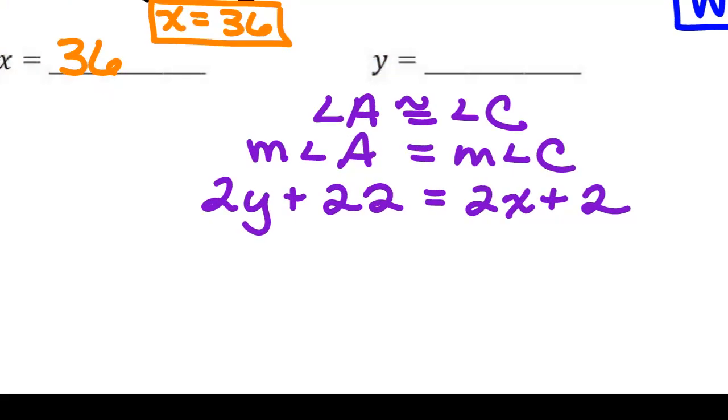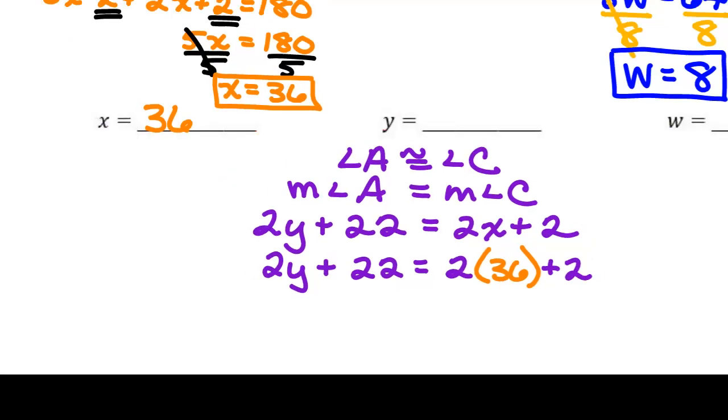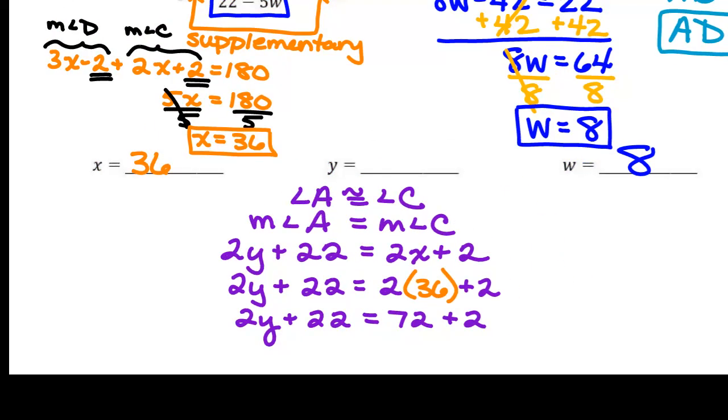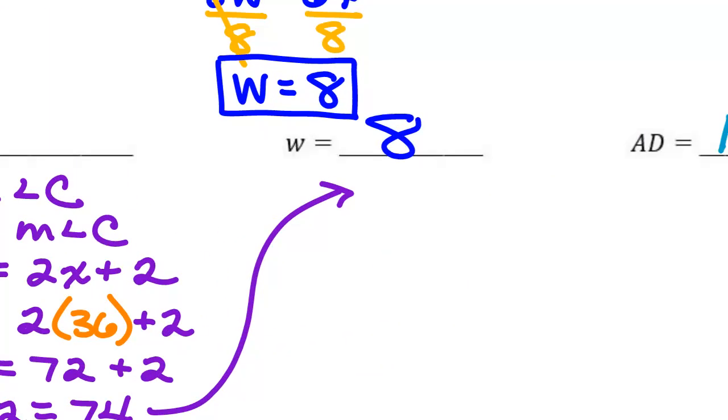And now we can put 36 in the place of x. So 2y plus 22 equals 2 times 36 plus 2. What is 2 times 36? 72 plus 2. What is 72 plus 2? 74. Got to bring my work over here. Ran out of room. So 2y plus 22 equals 74.